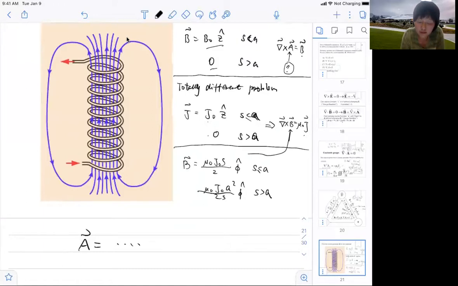You can see that B naught is equivalent to the J naught here. The only difference is here you have no mu naught, and here I have an extra mu naught. So go ahead and write what A should be for the solenoid. If anybody has their answer or parts of the answer, feel free to let us know. Type in the chat or just talk about it.